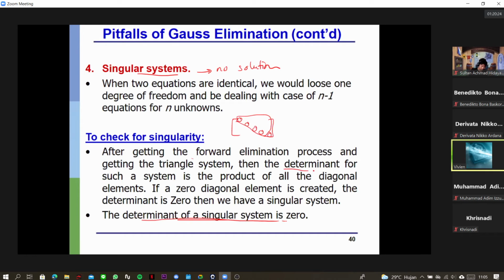So if the determinant is 0, it means that one of the elements is 0. That means if we have constructed the upper triangular matrix and one of the pivot elements, one of the diagonal elements, is 0, the matrix is singular, and there will be no solution.